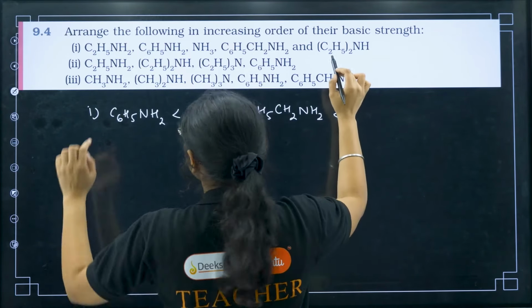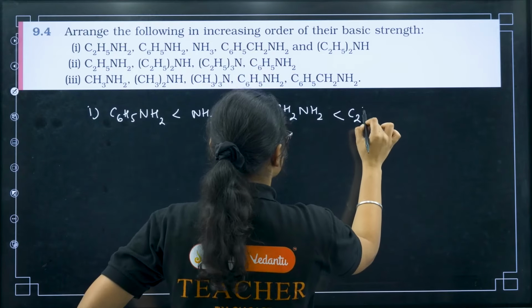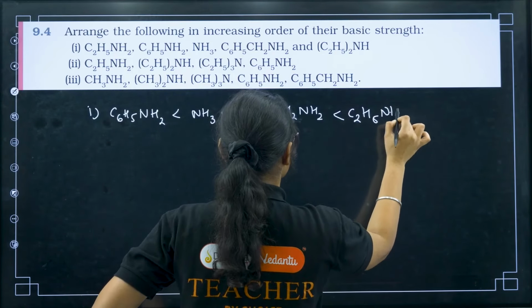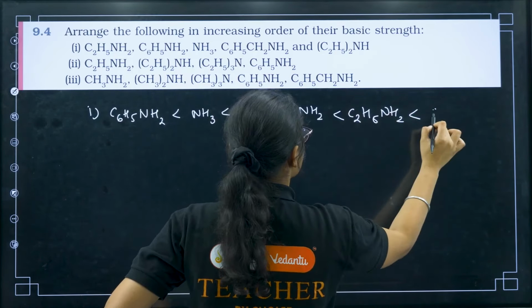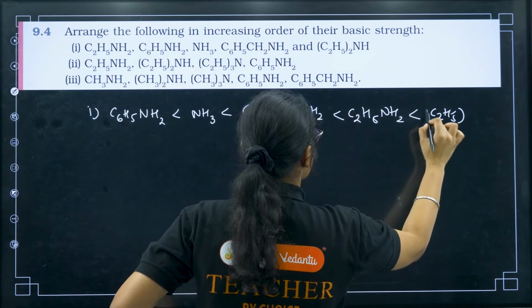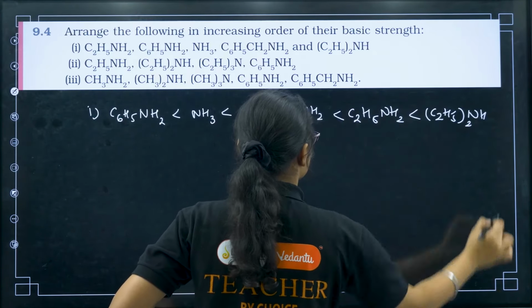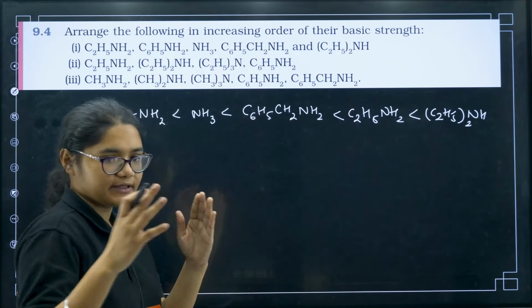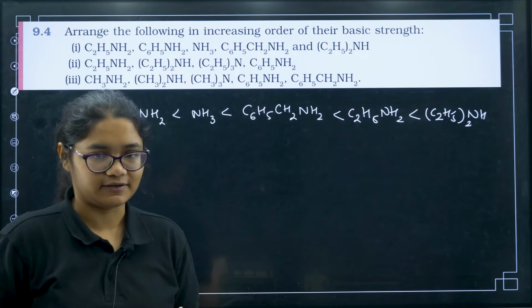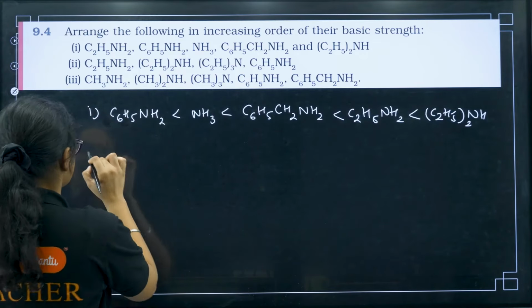Then we have C2H5NH2. Here there is no electron withdrawing group, and then here we have (C2H5)2NH. So basically the order is 3 degree, 2 degree, 1 degree in the gaseous phase, so that is why we have this order.